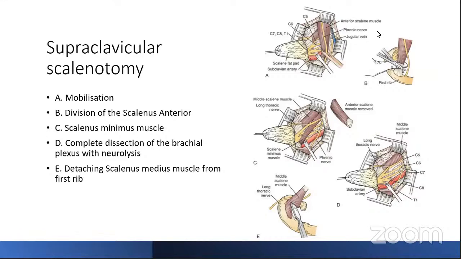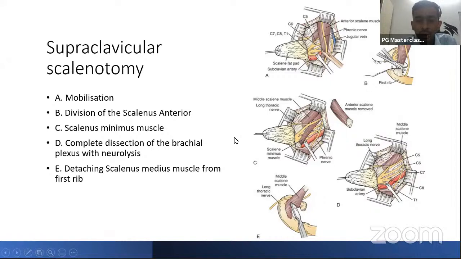Okay. Yes. So this was with respect to supraclavicular scalenotomy, which is more commonly performed for the neurogenic component. In case of arterial component, it is generally a cervical rib or its components, either an incomplete rib with fibrous attachment, which generally requires excision of the first rib and the cervical rib.